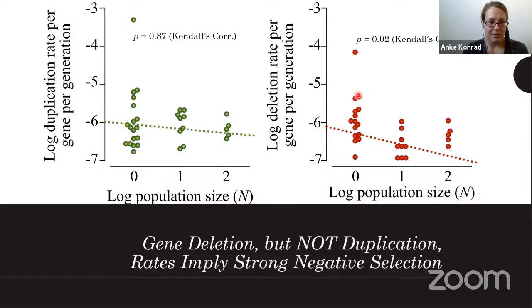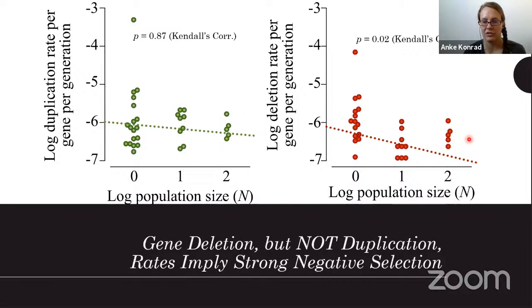And when we look at our initial gene duplication rates, which are on the left in green here, for population size 1, 10, and 100, again, we do see a negative trend in gene duplication rate with population size, but this is not significant, so it's a stretch to call legitimate selection on this data set right here.